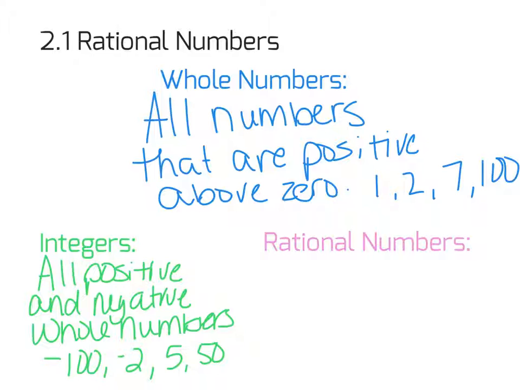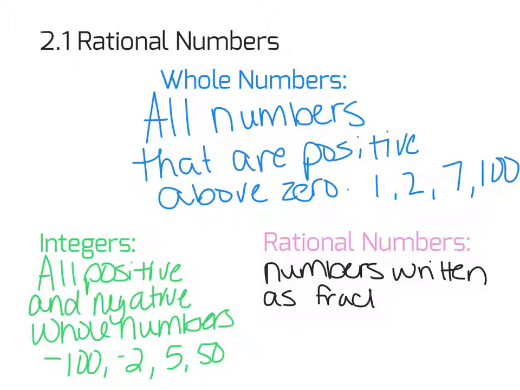But now we're going to talk about something different, and those are rational numbers. Now, rational numbers are your numbers that can be written as fractions or decimals. Okay? Now, they can be positive or negative.